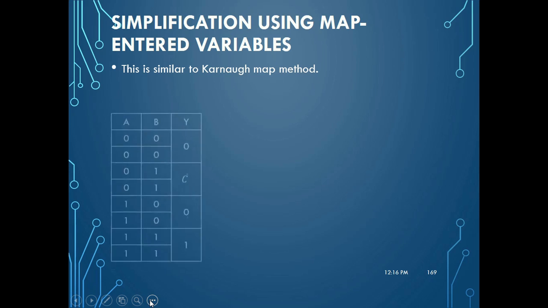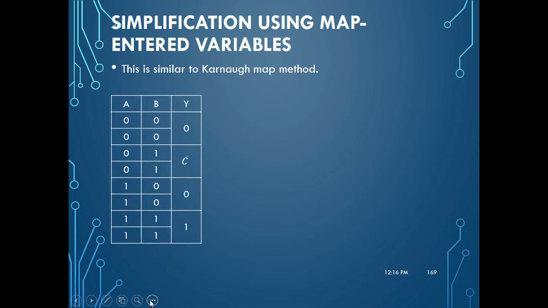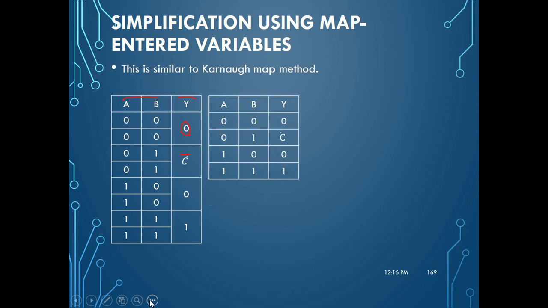This is similar to the K-map method. As I said, in the previous problem you had AB as the input variable and Y as the output variable. And here the output was 0, C bar is 0 and 1. So now if I write it in reduced form, I can take the truth table in this manner.